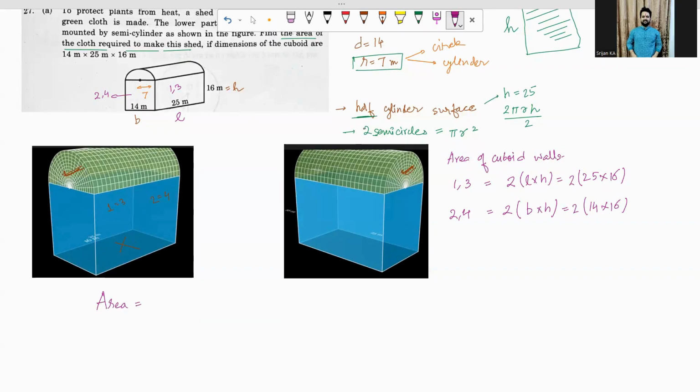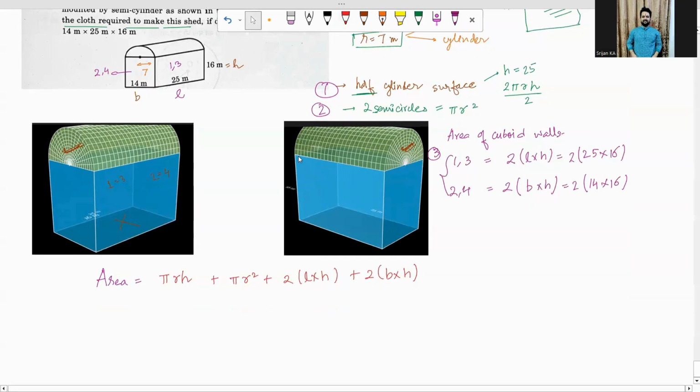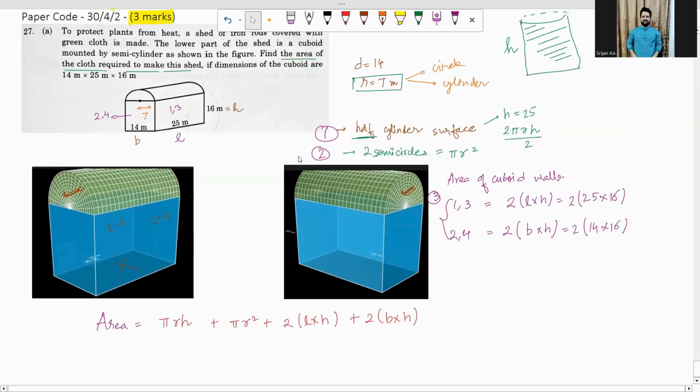Now overall, what we need to do here is add all of these up. So what are we adding? One this, two this, and third is these two things. If we add this, we will get pi r h plus pi r square plus 2lh plus 2bh. We have already discussed that r for the circle and the cylinder are the same, which is 7.